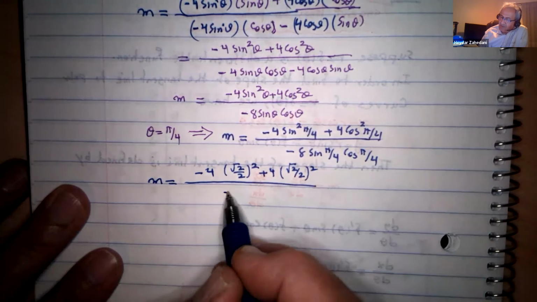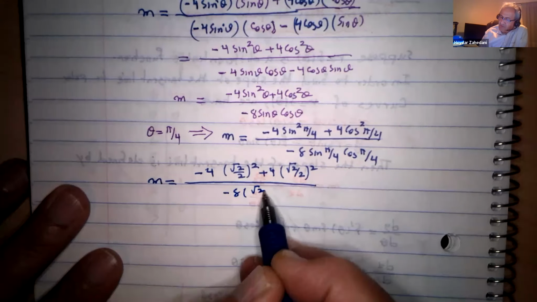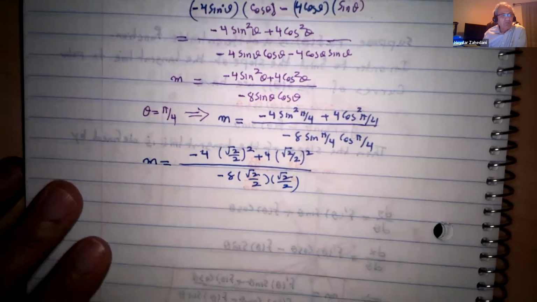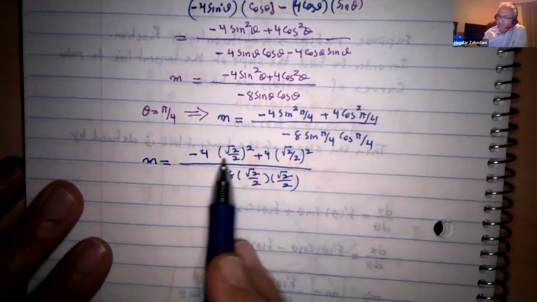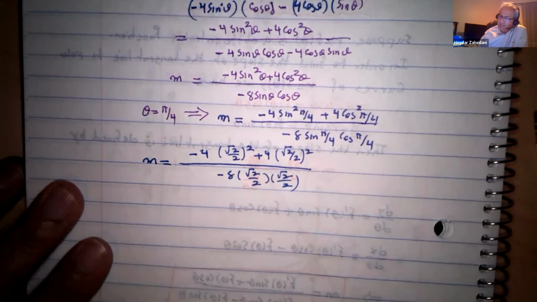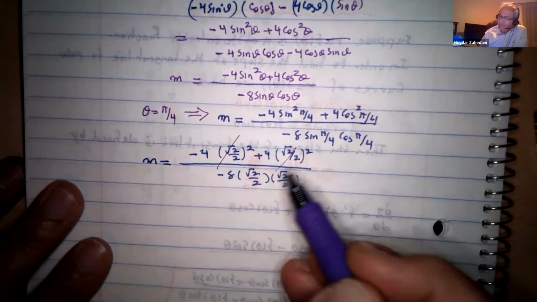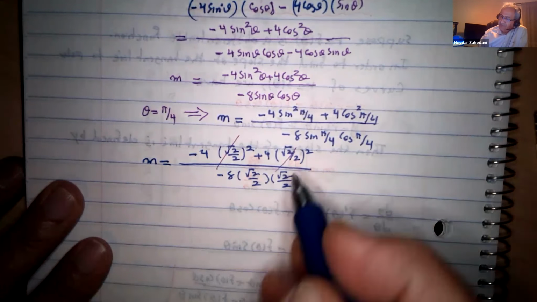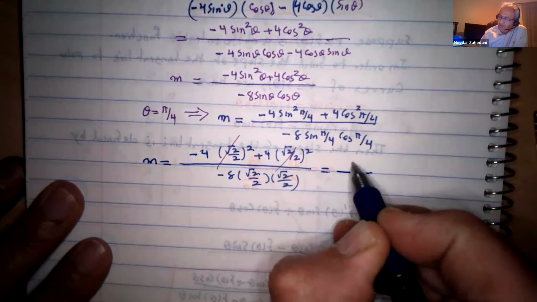And the bottom one is going to be negative 8 times radical 2 over 2 times radical 2 over 2. At the top, you see these two are the same, negative 4 radical 2 squared, so these two cancel out. The top would be 0. When the top is 0, the fraction would be 0.